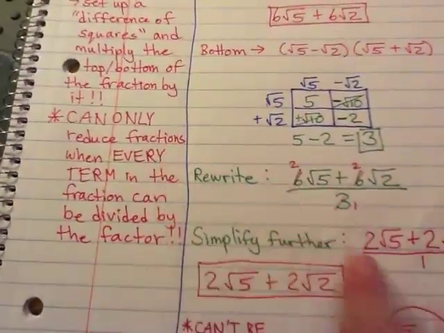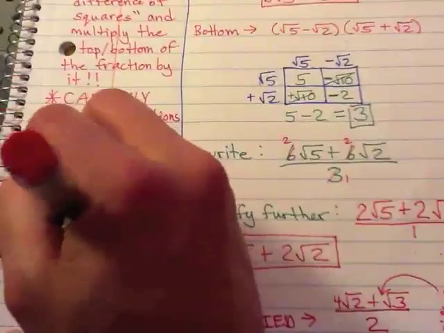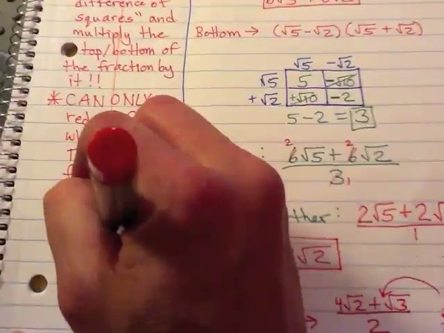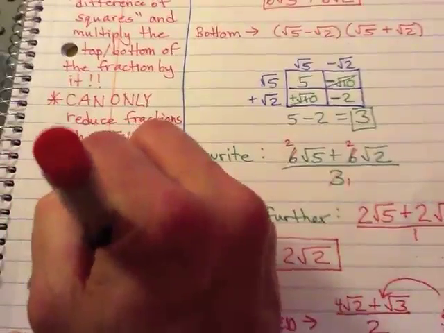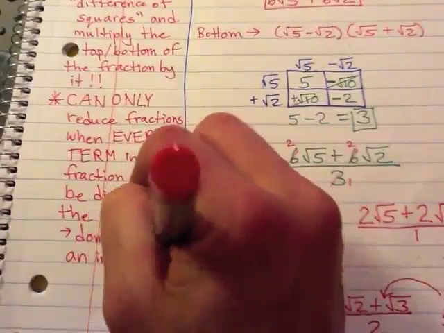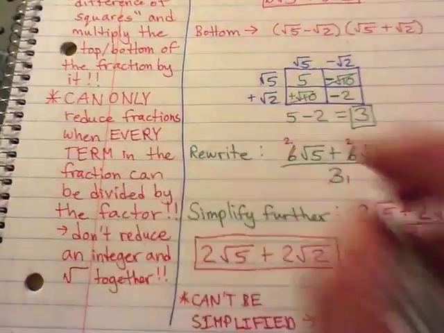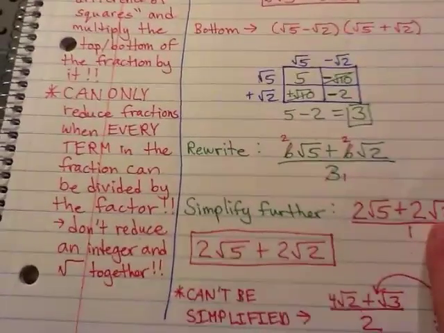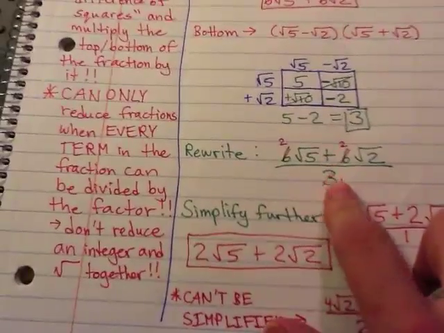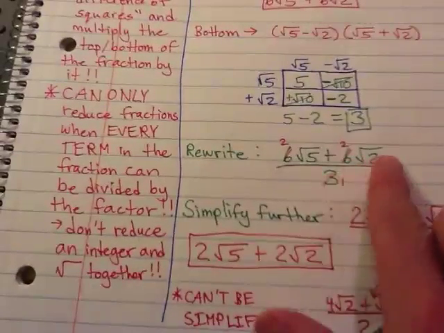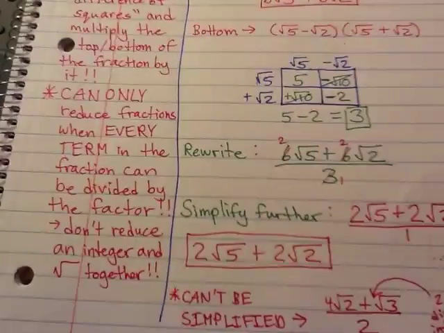So you can only reduce those fractions when every single term has it. And don't reduce an integer and square root together. Okay, what I mean by that is, let's just say, like here, let's say our common factor had been 2, I would only divide 2 into 6. I wouldn't divide 2 into the square root of 2 there. It's only the coefficients in the front.